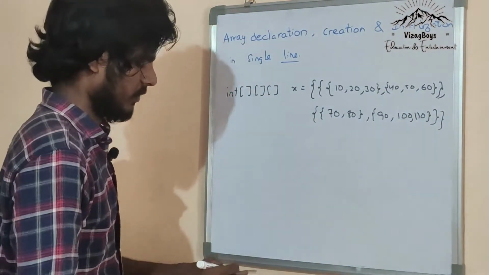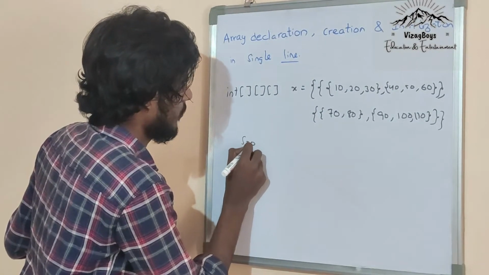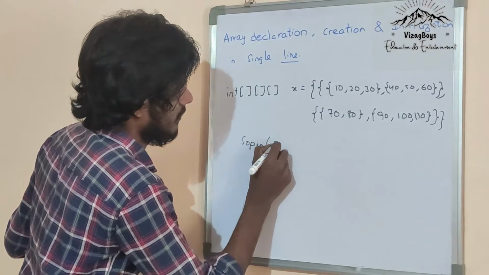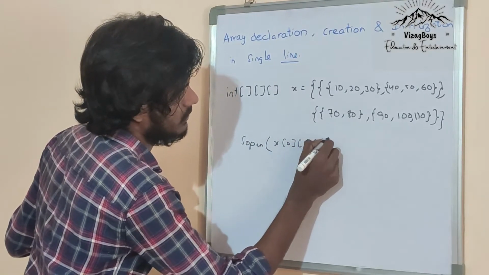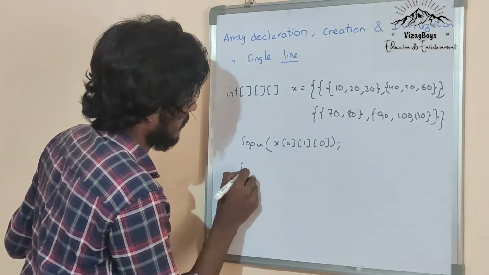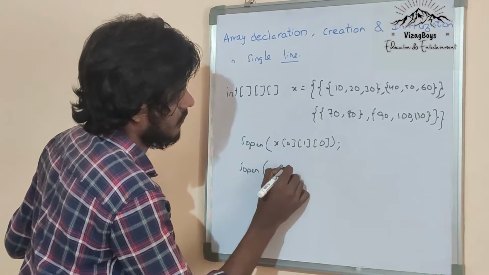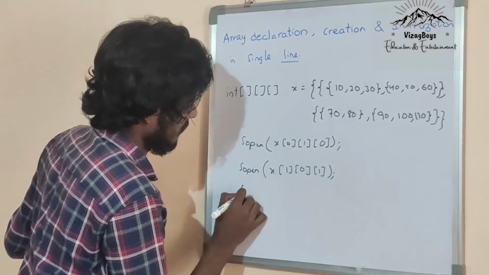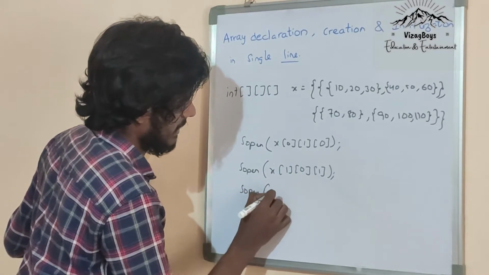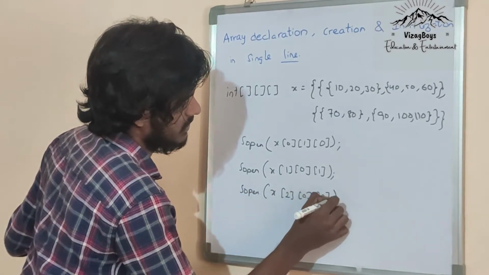Okay friends. SOP x of 0 1 0. SOP x of 1 0 1. SOP x of 2 0 0.